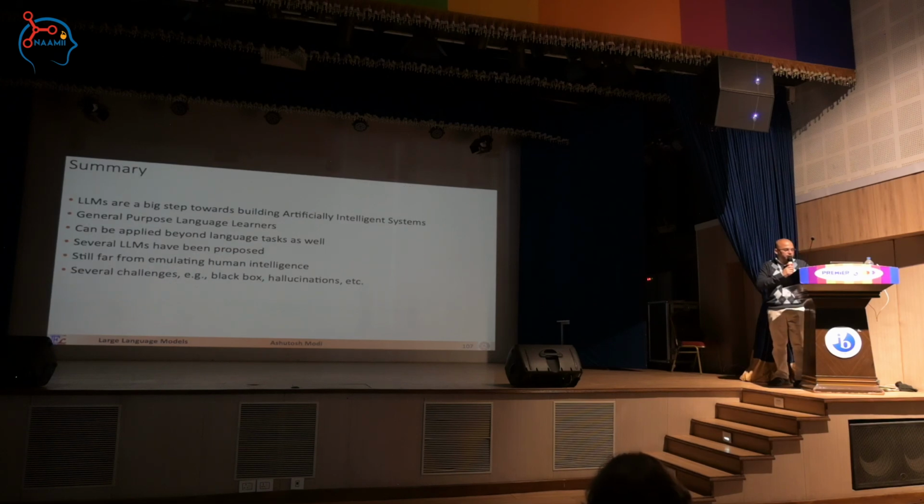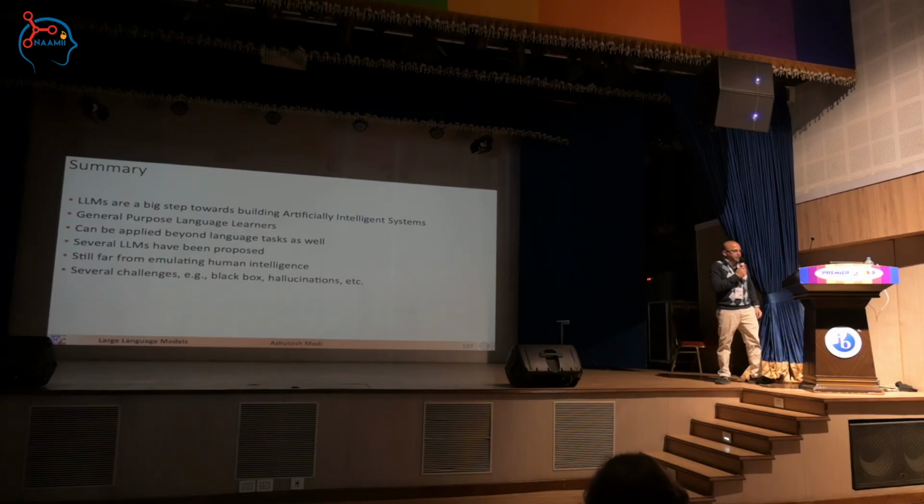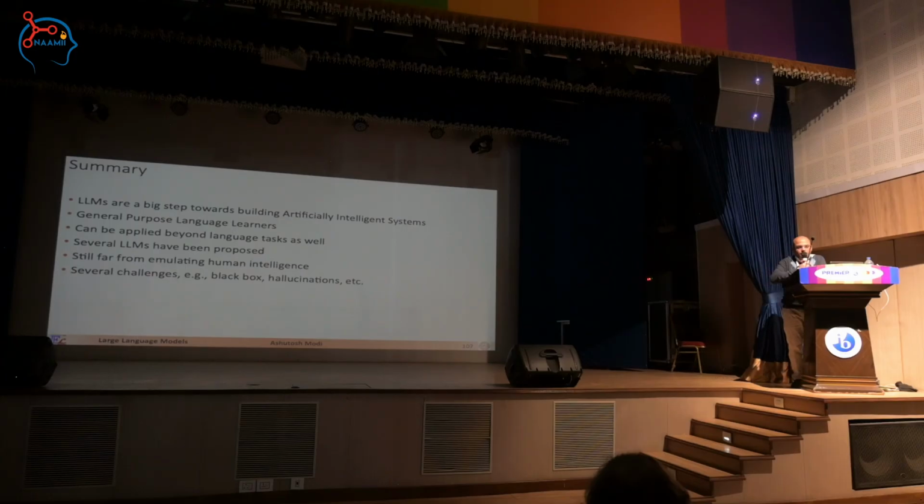To summarize this part, LLMs are definitely a big step towards building artificially intelligent systems. They have been trained at scale, and have become a sort of general purpose language learner. They can be applied to a variety of tasks, many of which have never been seen during training. But there is still a long way to go.